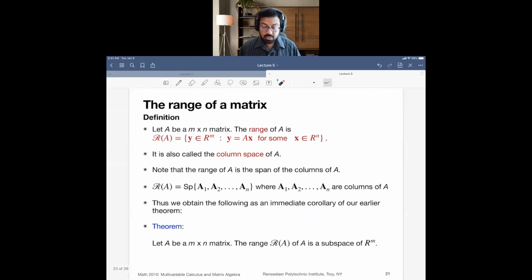Okay, let me talk about the range of a matrix. Another important topic: given a matrix A, what is going to be the range of A?